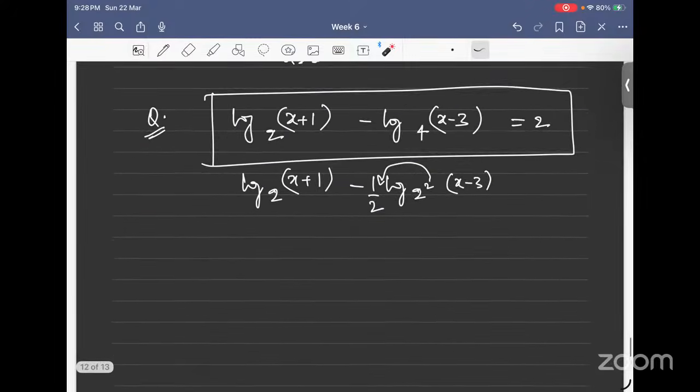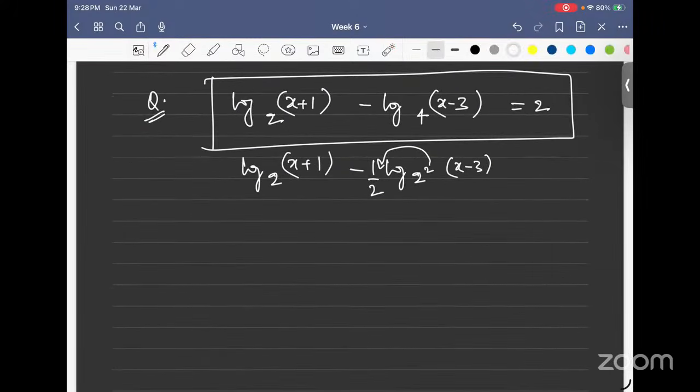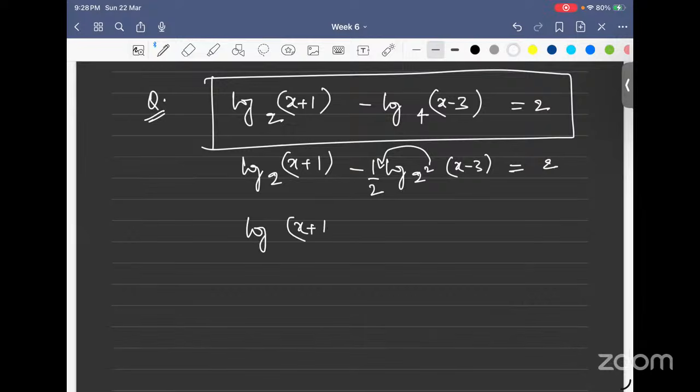Let's solve this problem. Are you talking about this question, right? If you just solve it, what are you getting? Now both bases are the same, right? So if both bases are the same, how can you write it? So this is log of x plus 1 base 2 minus log of x minus 3 base 2 to the power half. Sir, we can multiply by 2 to get rid of the 2 in the denominator. Yes, that also you can do.